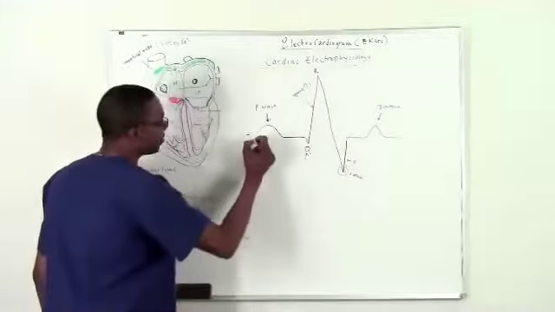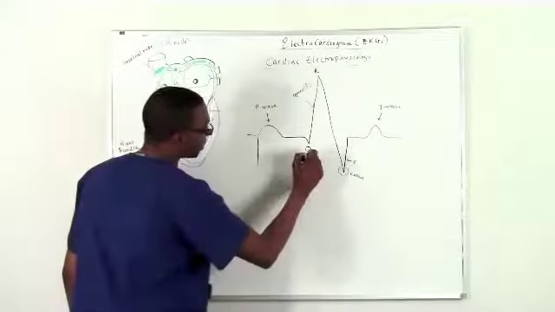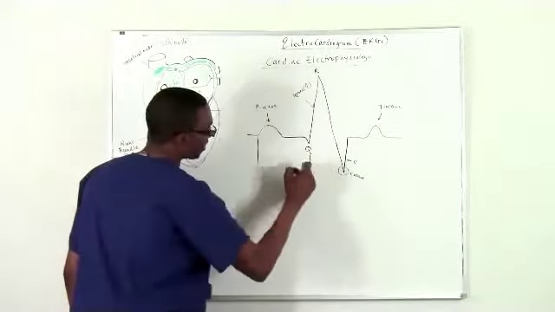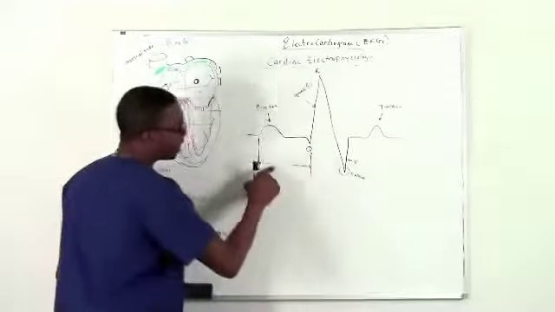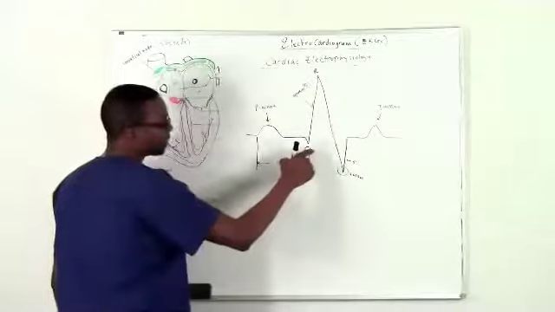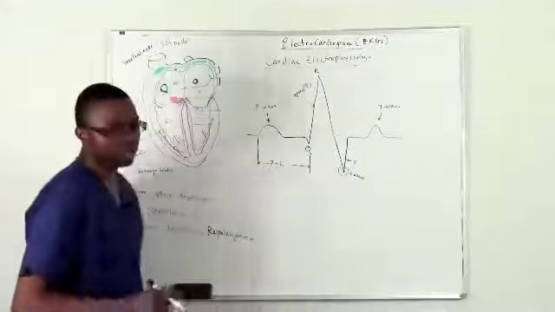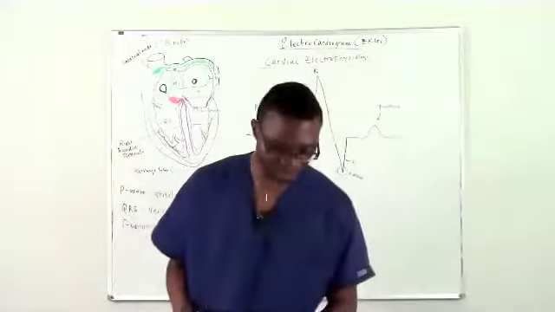So where's the beginning of our P wave? Right here. That's the beginning of our P wave. Where's the beginning of our Q wave? Right there. So the interval between the beginning of the P wave and the beginning of the Q wave is known as the PR interval.